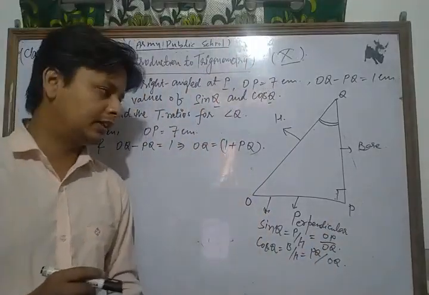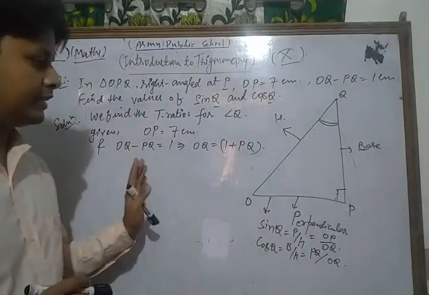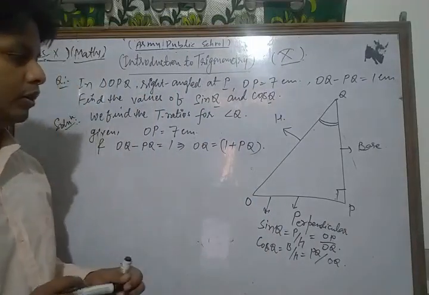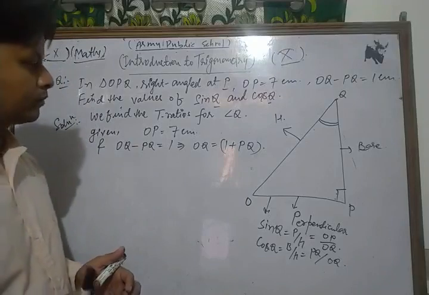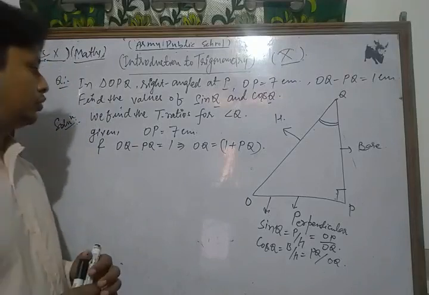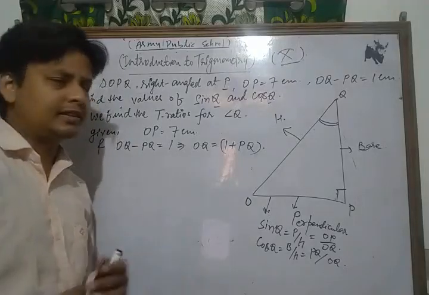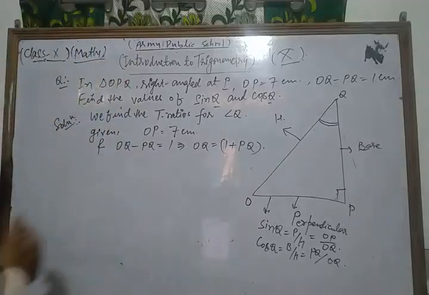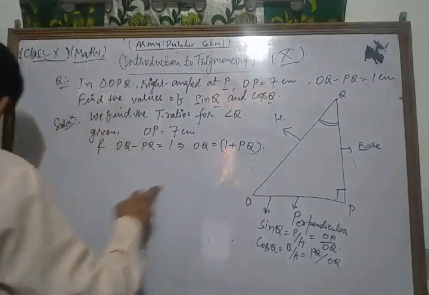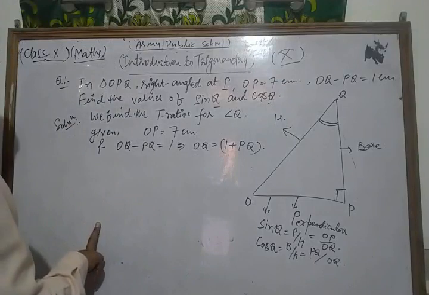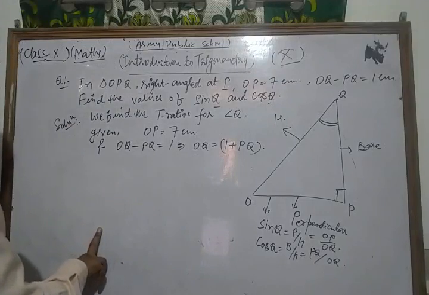So in this way, since OP is given, we just need to find the values of OQ and PQ. Now let's see here. We have OQ is equal to this, and OP is given.